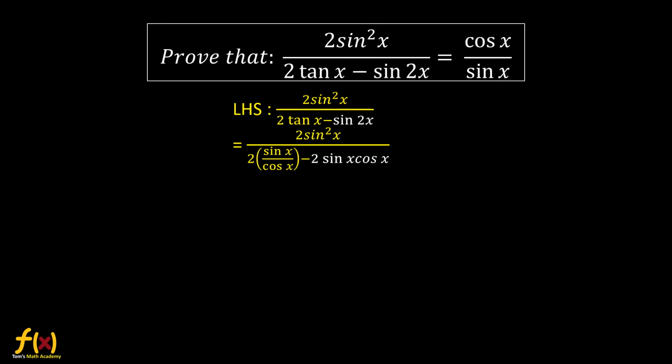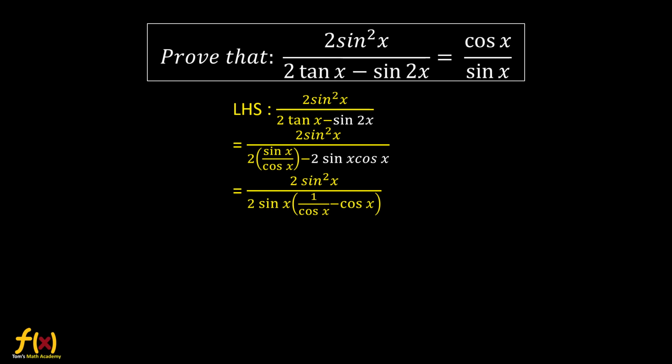Then look at the denominator. We have to simplify the denominator. We have 2 sin x as a common factor in the denominator. We take it out. Then inside the bracket we can write 1 over cos x minus cos x, if you take 2 sin x outside.